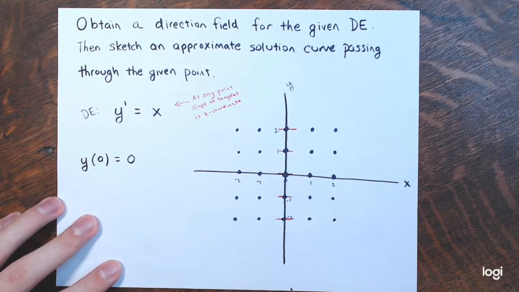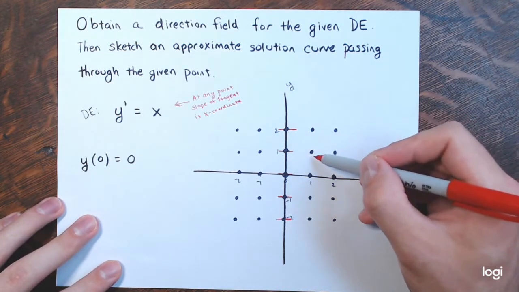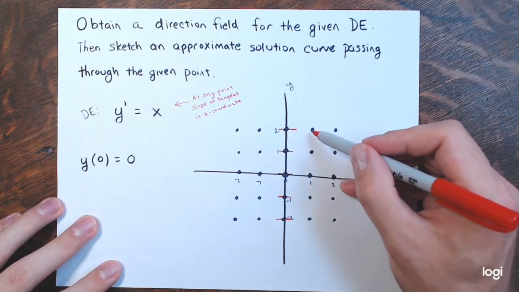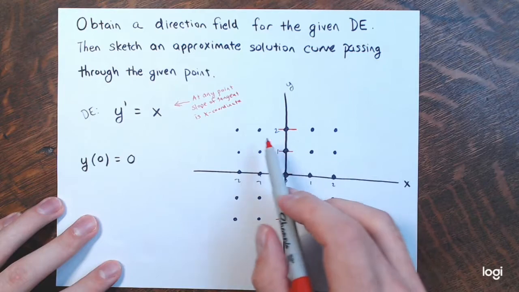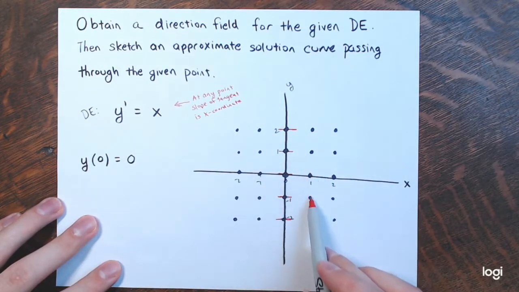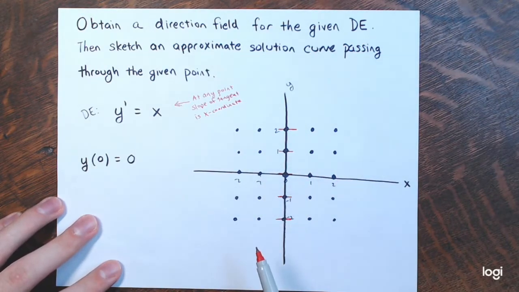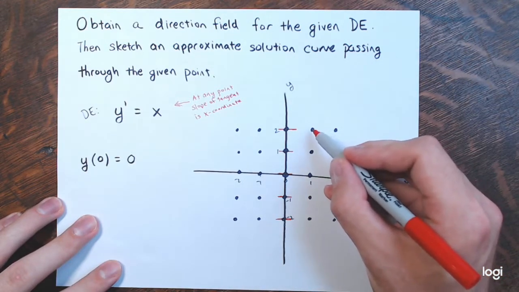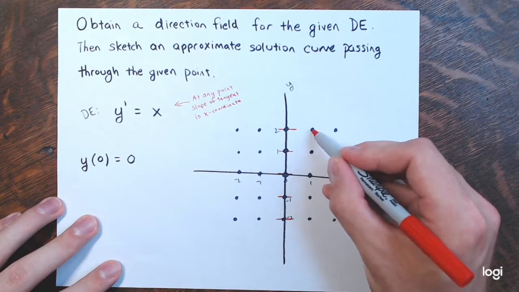All right, and then for these points, these all have an x-coordinate of 1. So if there's a solution that passes through any of these points, the slope of the tangent line to that curve has got to be 1. So I'm going to draw a little piece of a line segment with a slope of 1, rise 1, run 1 here. Just little pieces of lines with a slope of 1.